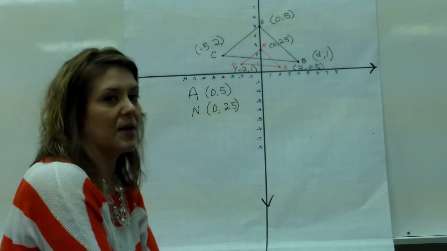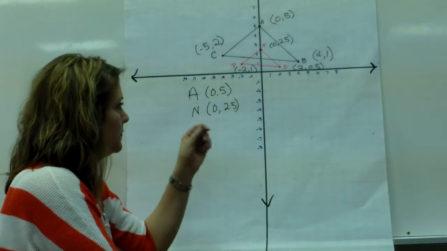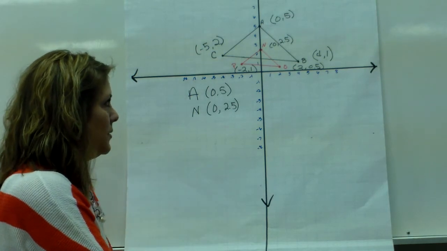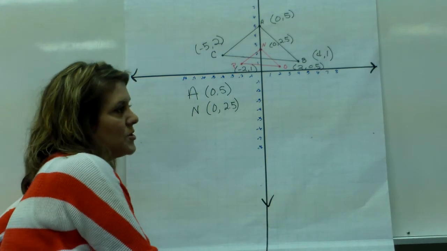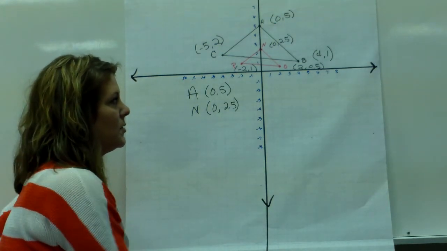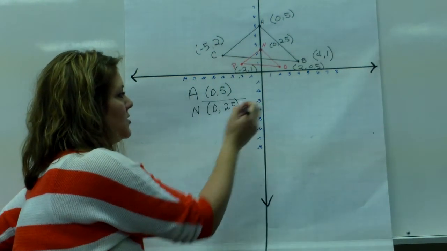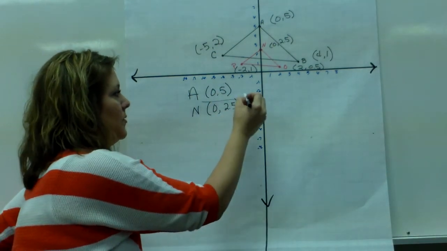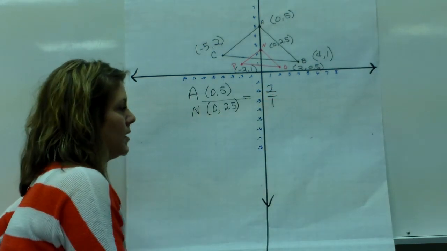Now we talked about scale factor here. If we were to write a ratio comparing the image to the pre-image, in this particular situation, you don't really know which is the original and which is the new image. So you can just make a ratio. I'm going to do A to N. So that means I can just set it up that way. 5 to 2.5 is a 2:1 ratio, okay?